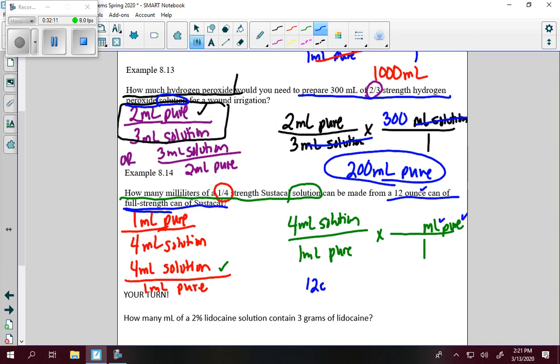So I'm going to take my 12 ounces and turn it into milliliters. And we know that there are 30 milliliters in an ounce. So this number would be 360 milliliters. And that's my pure, because it's full strength. Because I can now cancel out my milliliters pure with my milliliters pure, I can multiply the numbers together and get 1440 milliliters.